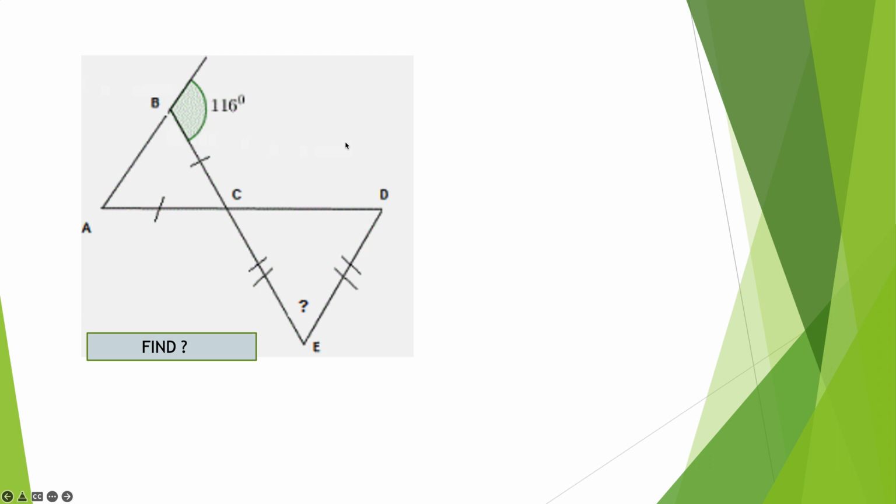So together they add up to 180, which makes the missing angle 64. But hey, wait a minute, that's an isosceles triangle. So I know it's up high, but that is a base angle because the base angles are the ones that are across from the equal sides. So that means this angle here at A is also 64.